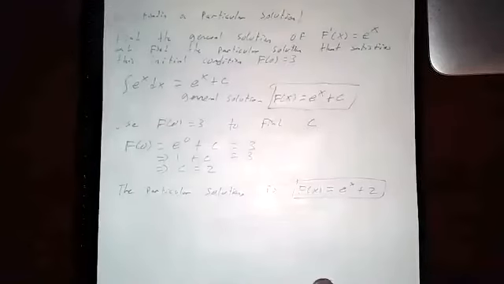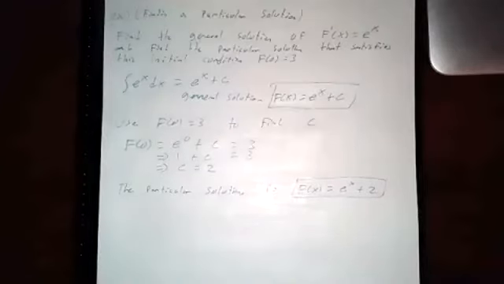So the homework's going to have you start off just doing basic antiderivatives, power rules, or maybe some weird types of power rules where you got to set it up. Then you'll have some sine cosine stuff in there, and then you'll have some differential equation stuff where you need to solve for C. So that's pretty much the first section of the homework.